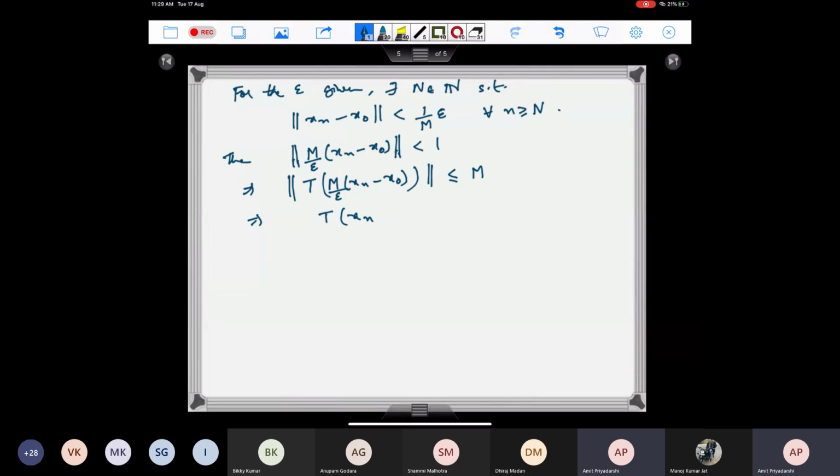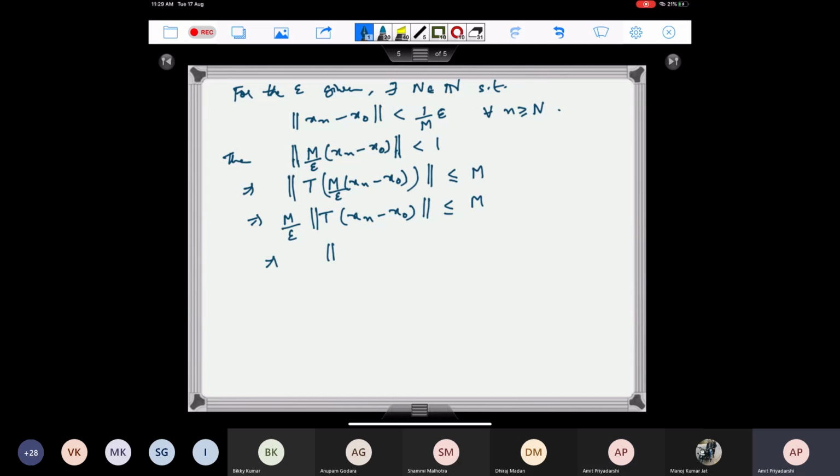So this will give m by epsilon times T of xn minus x naught. This norm is less than or equal to m, which implies norm of T of xn minus x naught is less than or equal to epsilon.